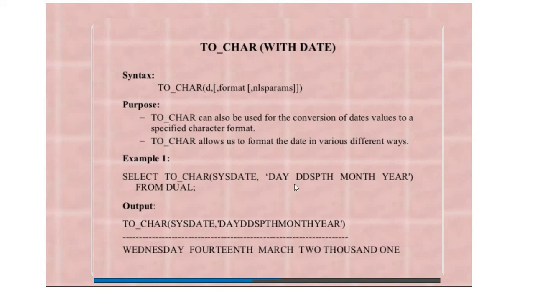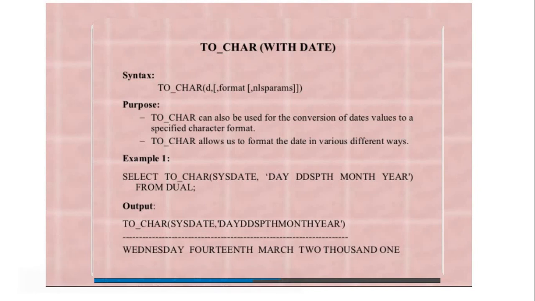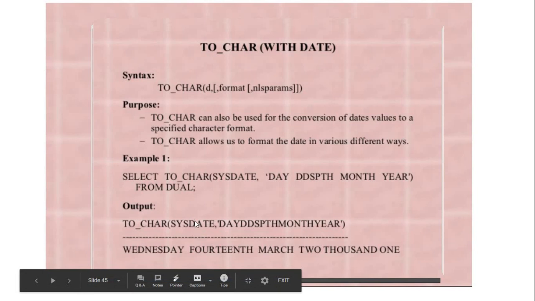For example, if we want to convert sysdate to some string, then we may specify this format, that is day, then day with nth count, then the month, then the year. Then it will be converting that date into this string.